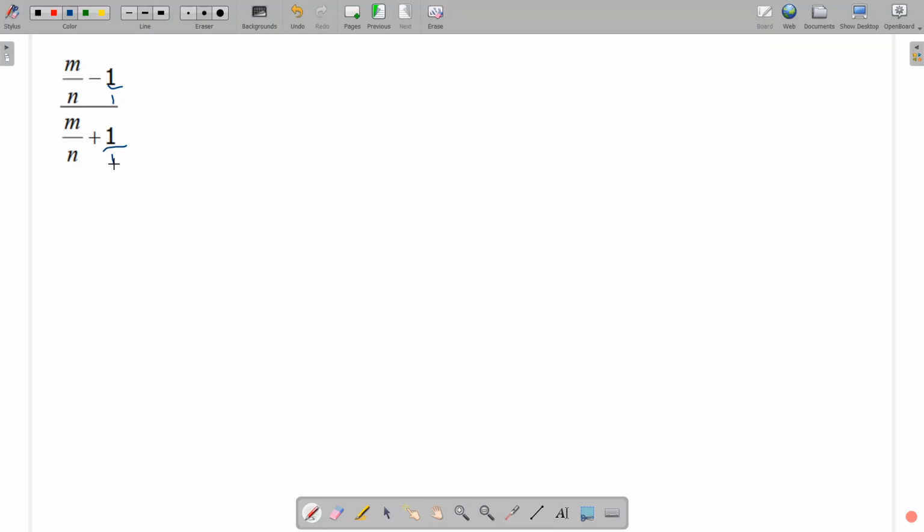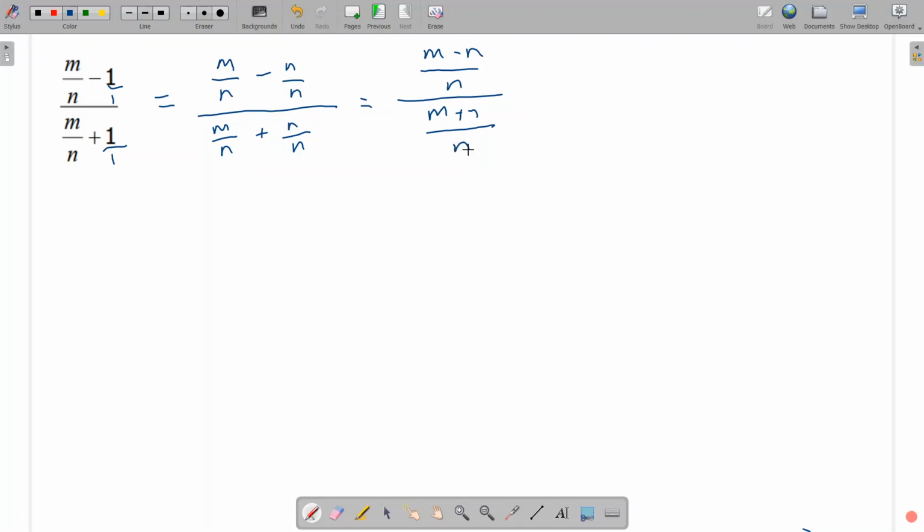And if I need to get a common denominator of n, that means that really this is turning into m over n minus n over n all over m over n plus n over n. So my numerator is really just m minus n over n. My denominator is m plus n over n.